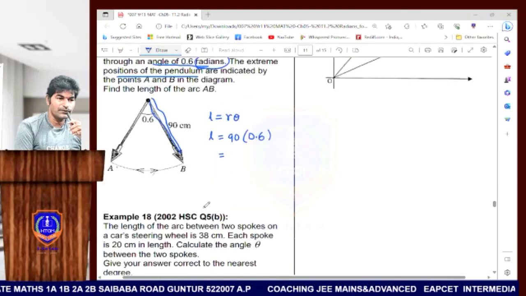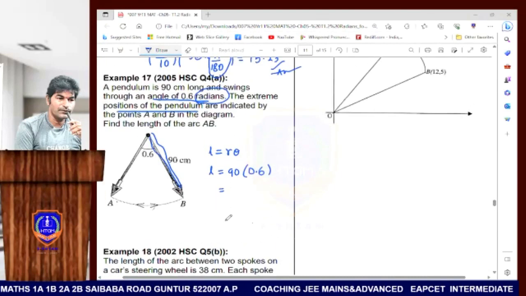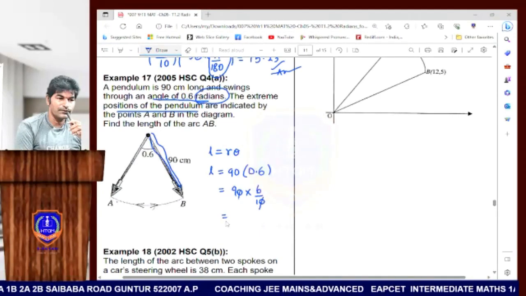Now in this question, you should multiply this number. So this will be 90 into 6 by 10, that is 54. What is the unit here? Centimeters, because radius was given in centimeters. The same unit is taken for the output also. That is 54 centimeters.